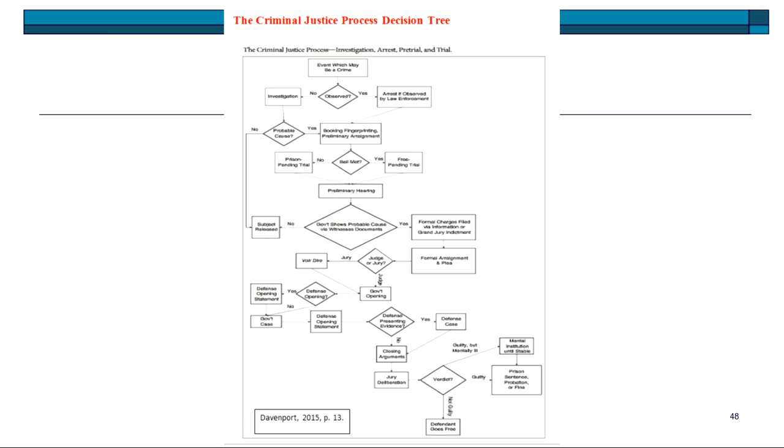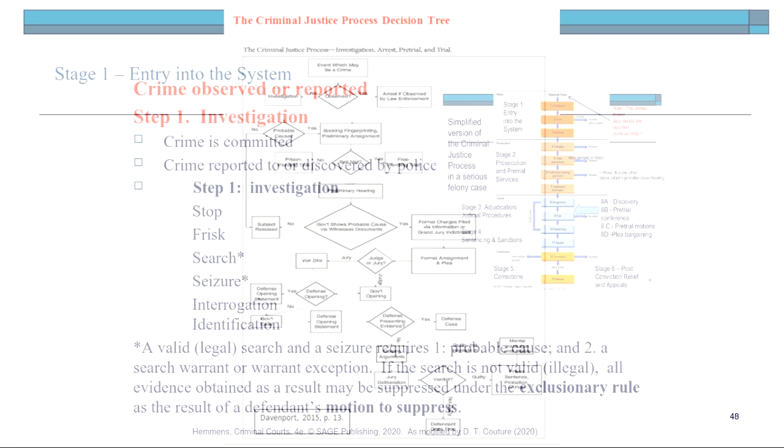They have to make an investigation, and then they may develop probable cause to make an arrest. This shows you all the different decision points along the way, and it's a different way of understanding better that the steps in the criminal justice process depend upon what happens at the step prior to it. So that's what that's there for.